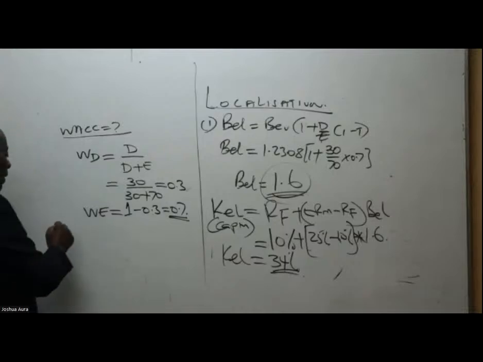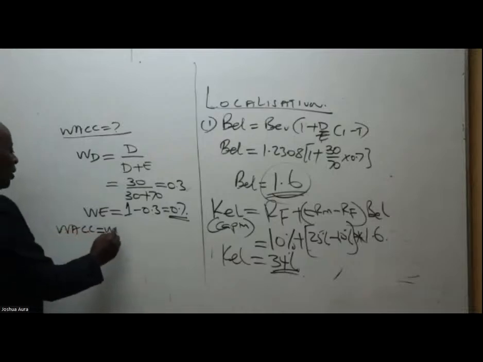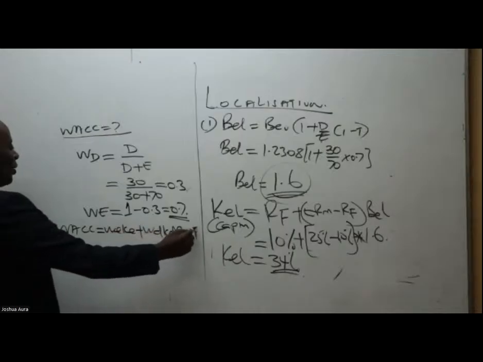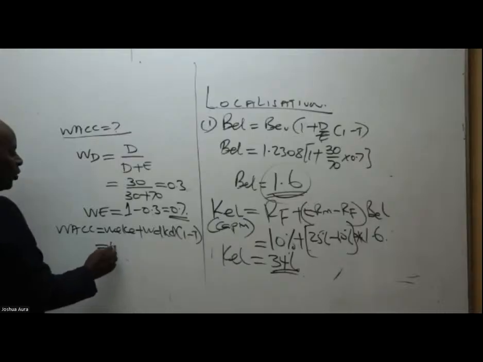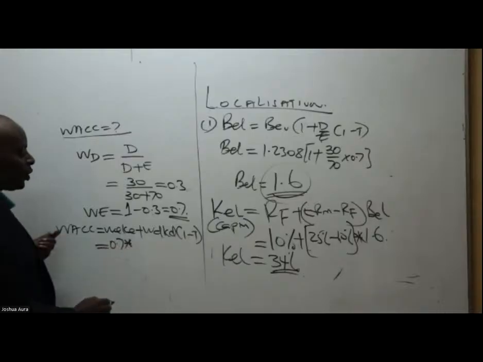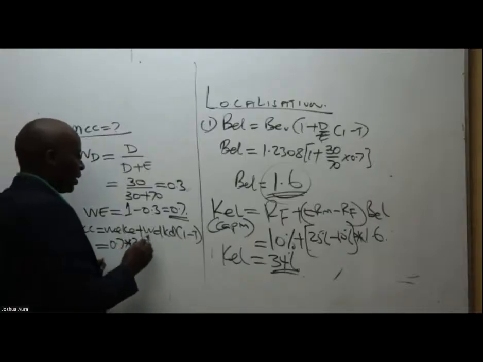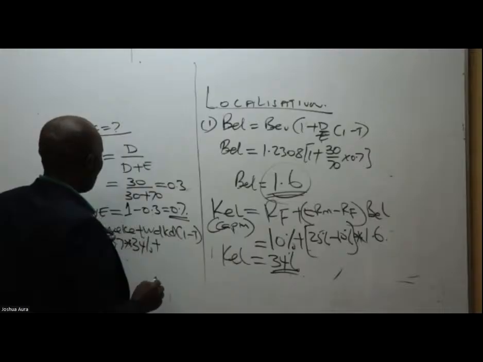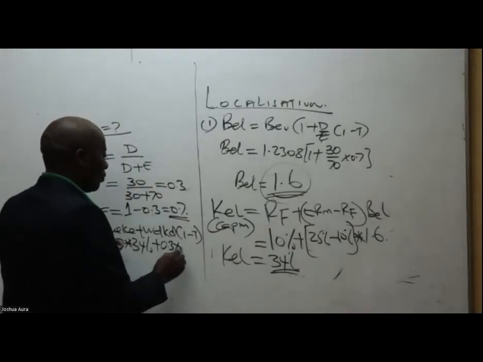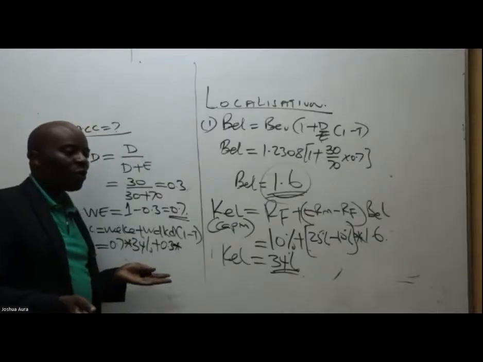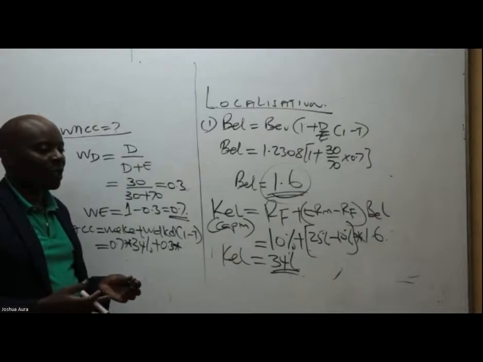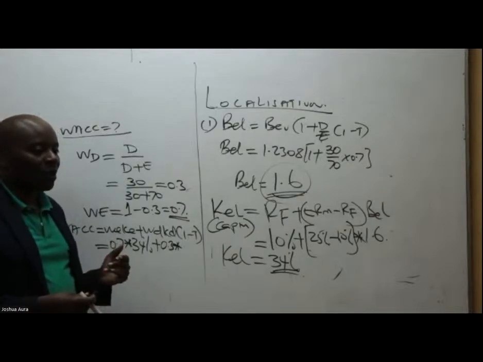So they come and give me the WACC, which will be weight of equity times cost of equity, plus weight of debt times cost of debt times (1 minus tax). The weight of equity is 0.7. The cost of equity we already have as 34%, plus weight of debt, which you have given me as 0.3. Has the cost of debt been given expressly in the question, or do we work with risk-free, which is 10%?